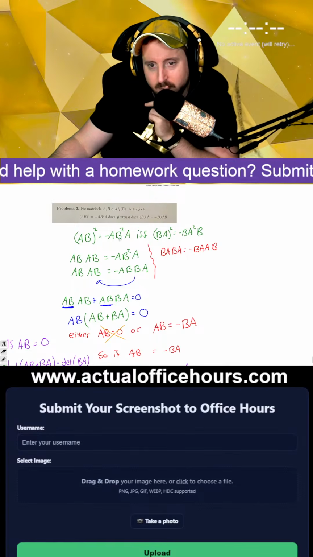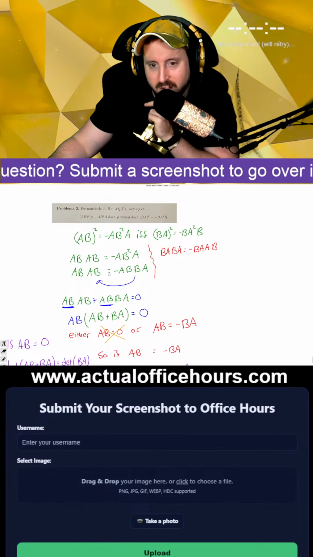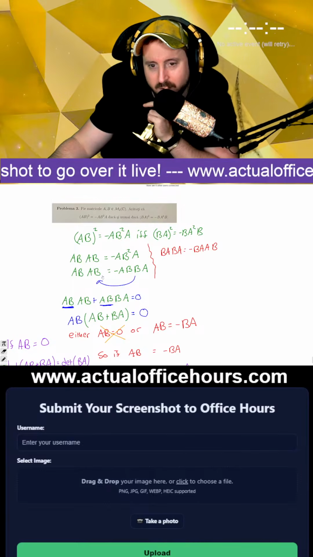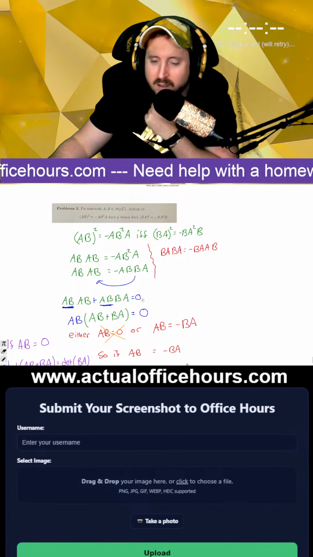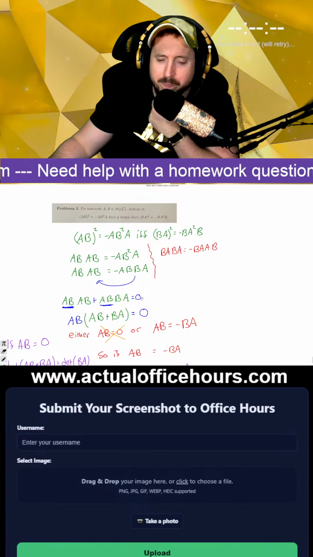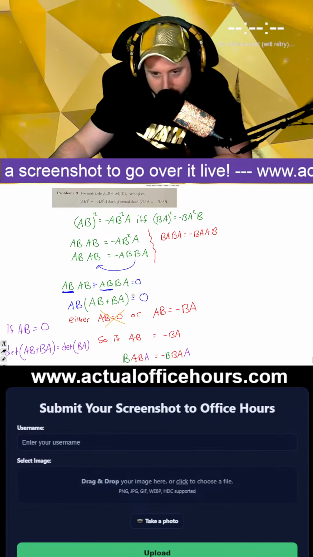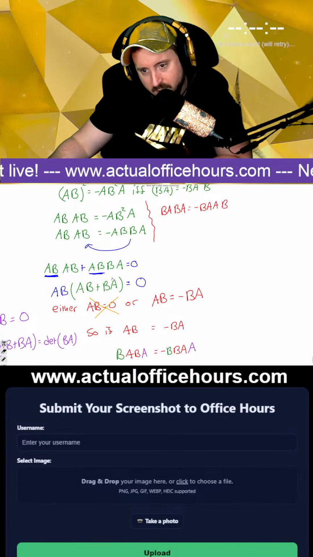AB squared, AB equals negative AB squared A. Cool. Negative A, BBA is AB. Okay, move that over. AB. And then I pulled out the AB, so I got AB, BA. No, yeah, that's cool. AB equals minus BA.